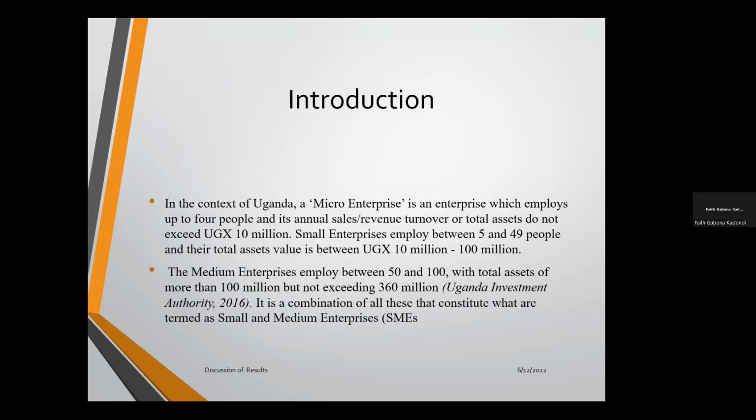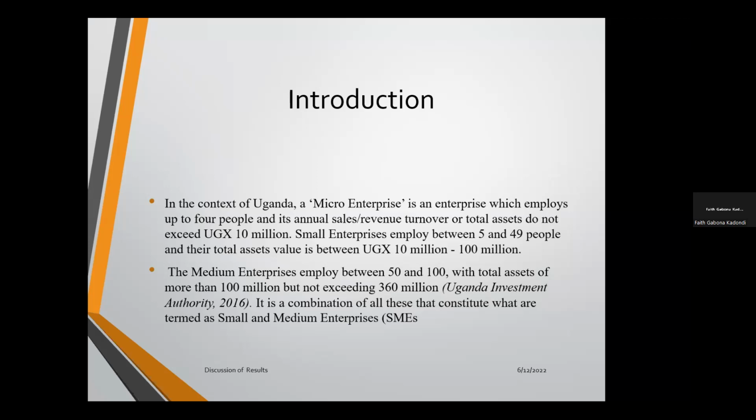When we talk about SMEs, the definition of small and medium scale enterprises in the context of our economy, that is Uganda: micro enterprises are those which employ up to 4 people with annual sales revenue and turnover not exceeding 10 million.